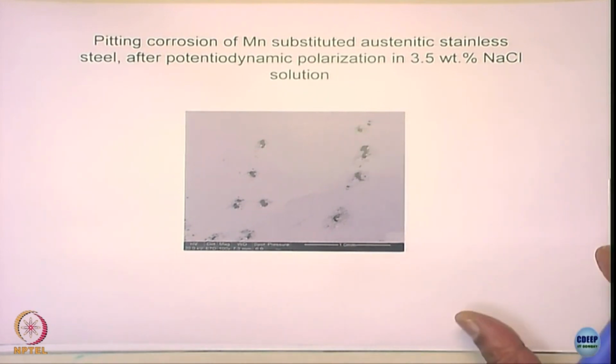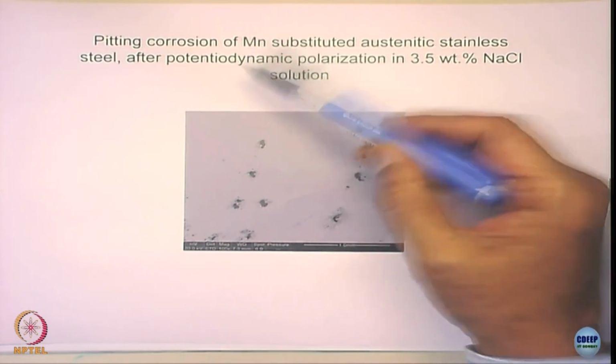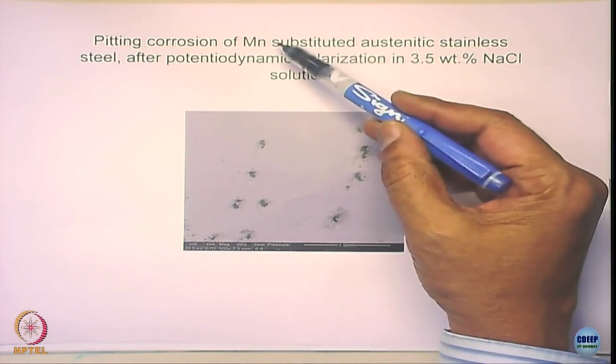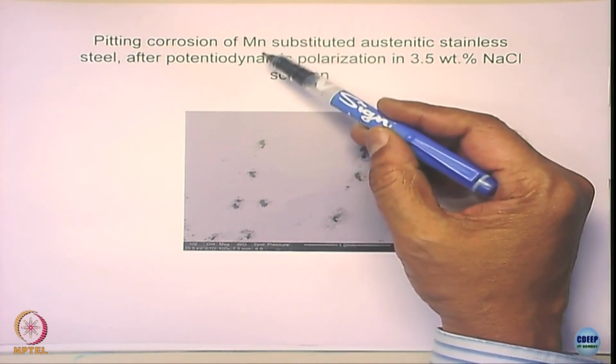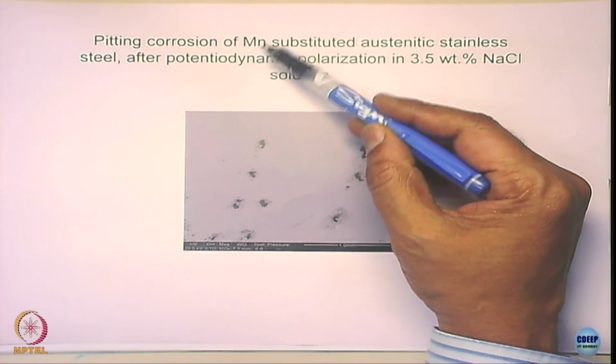These all correspond to a stainless steel where nickel was substituted with manganese, right. And why do people substitute nickel with manganese? Because manganese is cheaper and also it can stabilize the austenitic phase. So it's an equivalent of a 304 stainless steel, but with very low nickel content and more manganese content.